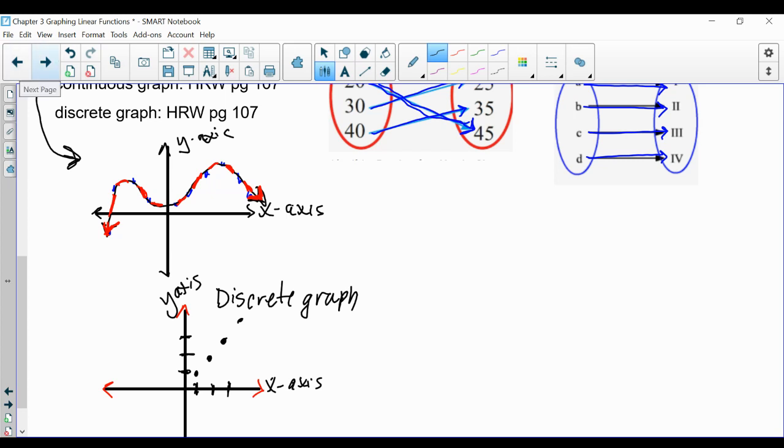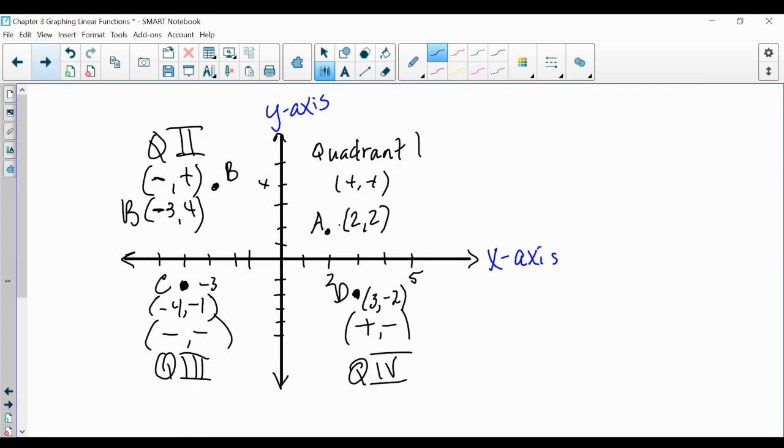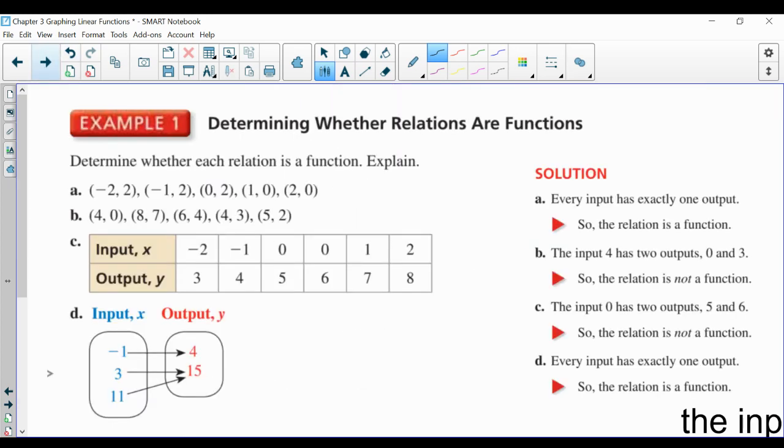Okay, so let's go ahead and move forward. All right, so just going back to whether it's a function or just a relation. Remember I said every input has exactly one output for it to be a function. So what we need to look at is the inputs.